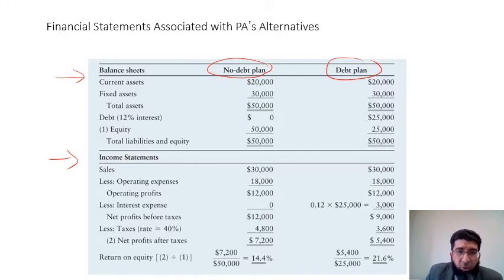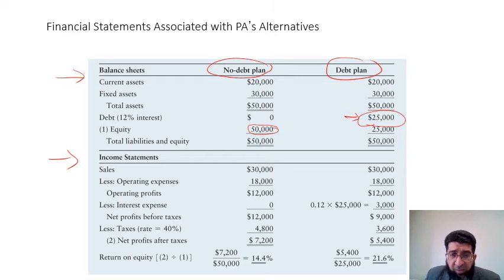However, if we borrow debt at 12%, we will have a liability here of 25,000 for which we have to pay 12% interest. Now, if you look at it, we have equity. If it's 25,000 here, in the no debt plan we have to put this 25,000 on our own through equity. So in the no debt plan, we put from our own pocket, and in the debt plan we borrow.